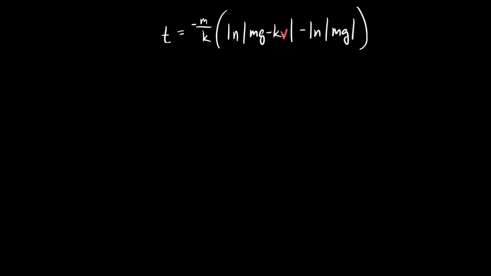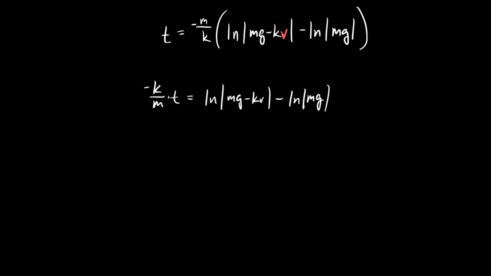I want v by itself. It's buried. You guys see that it's buried, right? So the first thing I'm going to do is probably start unburying it. So I'm going to multiply by k over m. So I get negative k over m times t on the left. And that gives me natural log of mg minus kv minus natural log of mg.